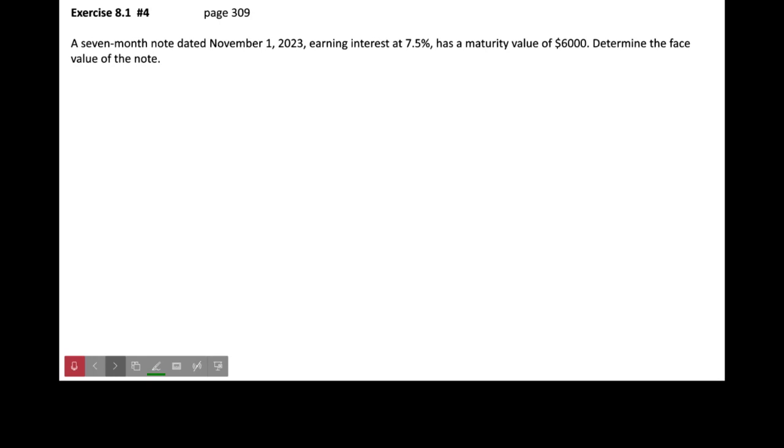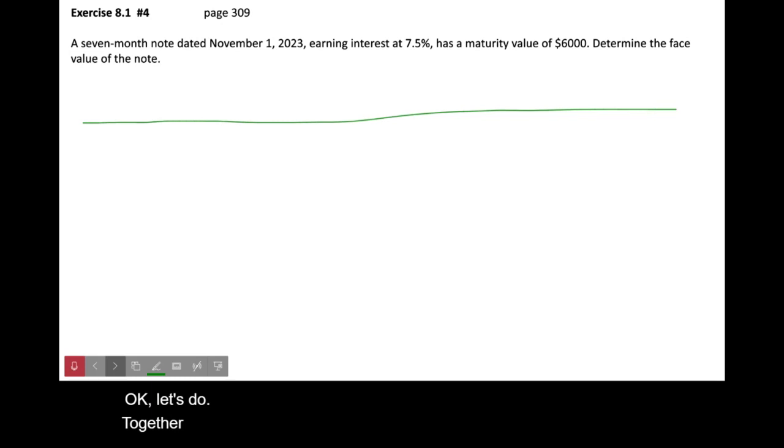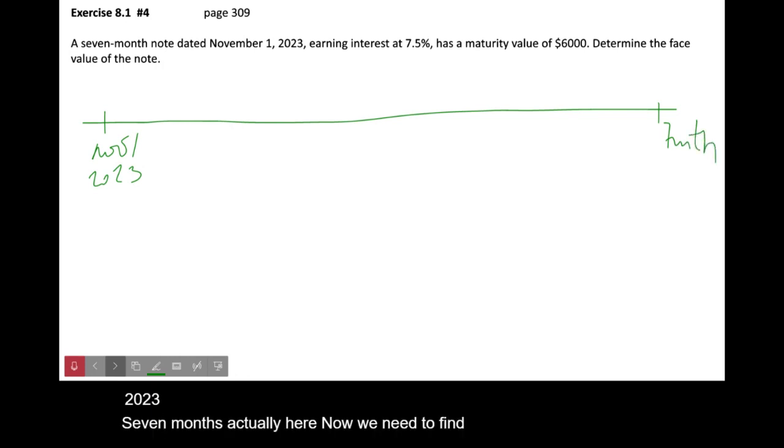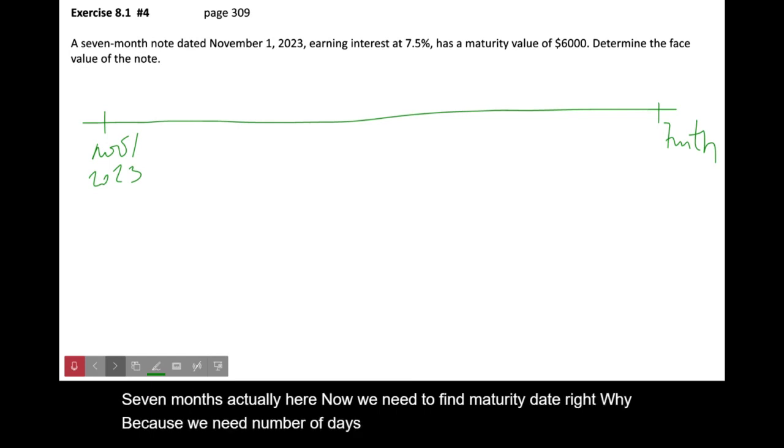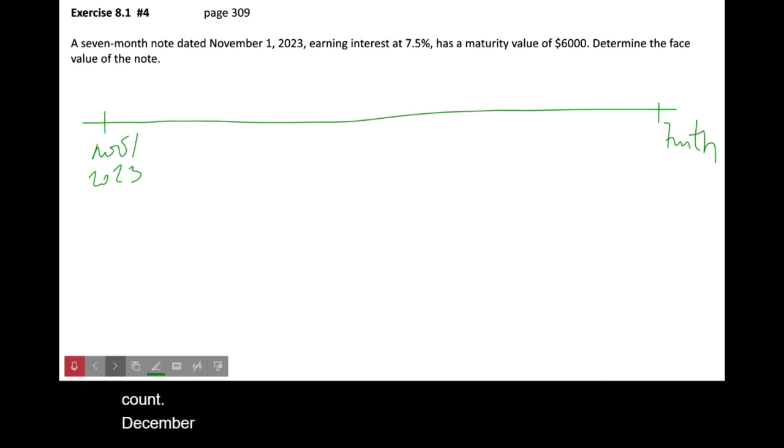Okay, let's do it together. So November 1, 2023, 7 months. Actually, here now we need to find the maturity date, right? Why? Because we need the number of days. We don't need the number of months. So let's count. December 1, January, February, then March, April, May, June.